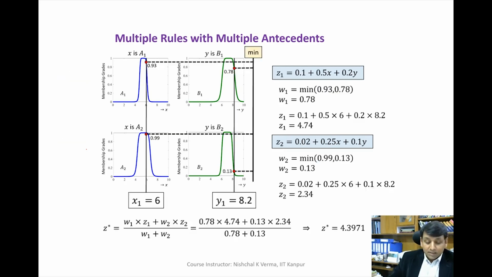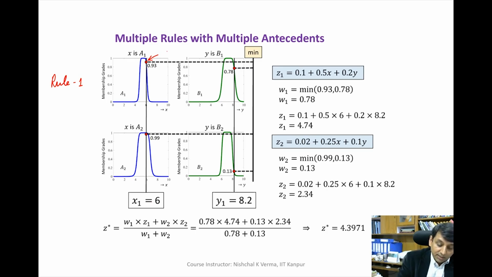So, let us apply the input x1 and y1. X1 is equal to 6, y1 is equal to 8.2. And let's see the corresponding outputs. So corresponding to rule number 1, the W1,1 is the point of intersection corresponding to x1, the first antecedent, first input.